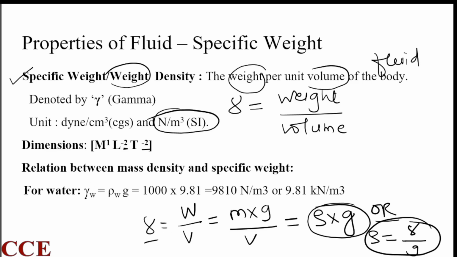So for water, gamma for water is equal to rho of water into G. Density of water is 1000 into 9.81, so 9810 Newton per meter cube. The value is this.